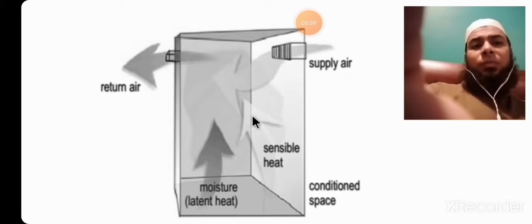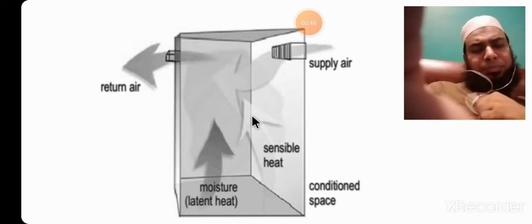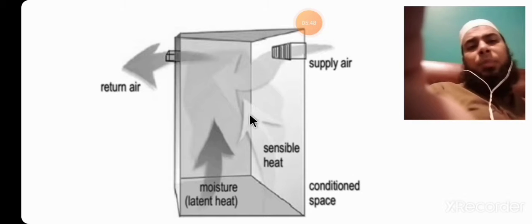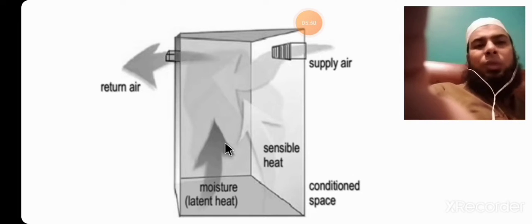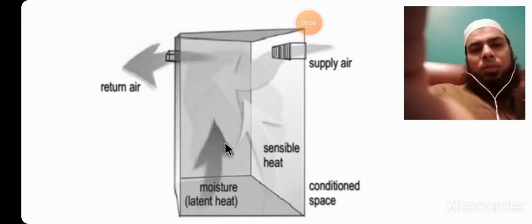Now in the room we have two types of heating: sensible heating and latent heating. You already discussed this in thermodynamics. So the people in the room produce two types of heating. They produce moisture due to their own sweat, which we call pasina in Urdu.